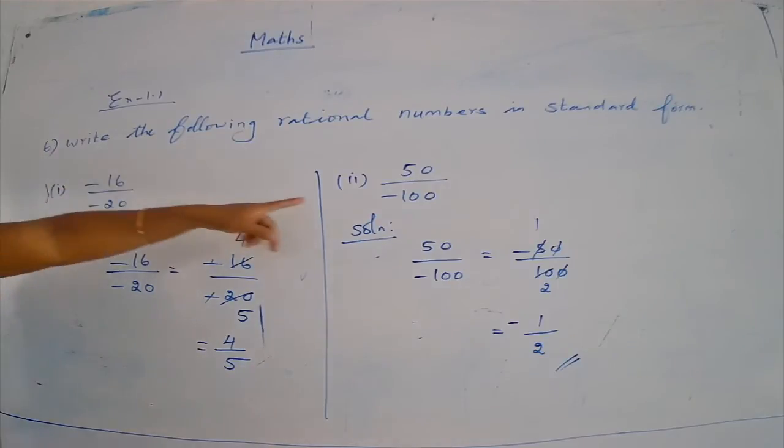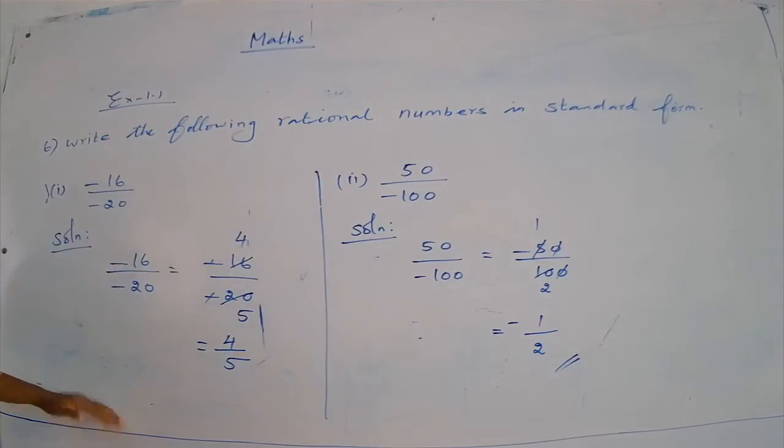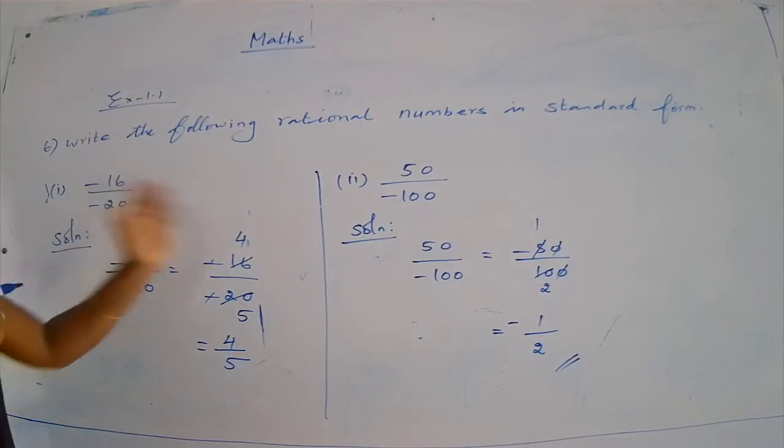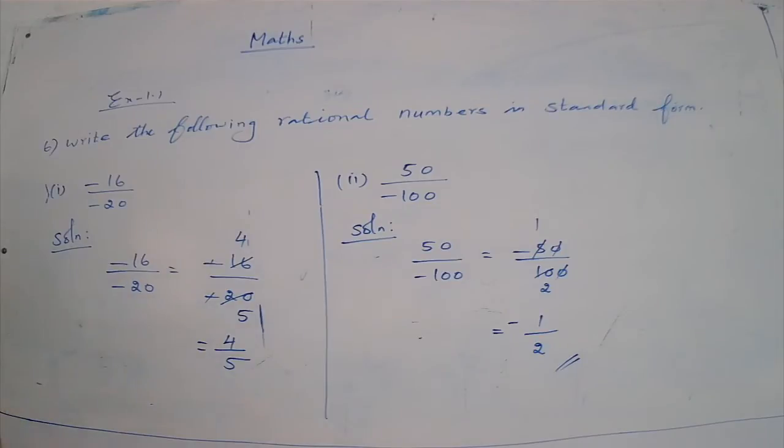Then after you write the second question, you write one by one. Don't write left hand side, right hand side. Write one by one. First question finish, then after you start the second question.